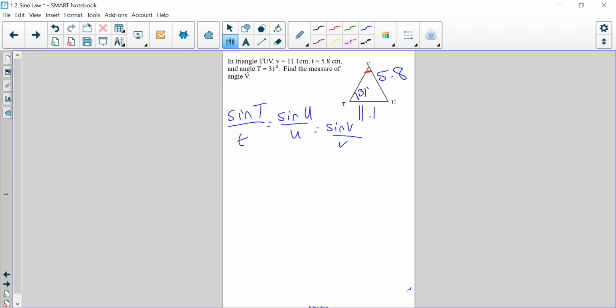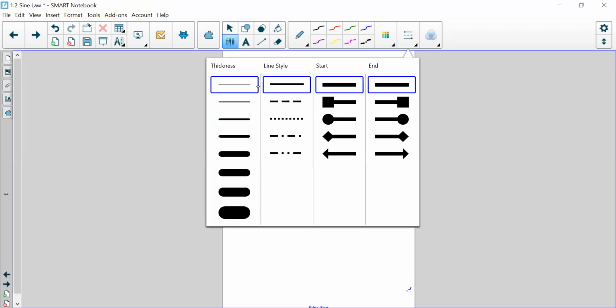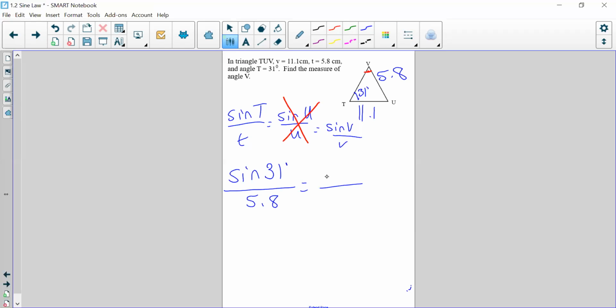And I have angle t and side t. I don't have any of the u's, and you'll notice in this question it doesn't ask me for u. So I'm going to completely ignore that part of my formula. I don't need to solve for anything other than just angle v in this question.